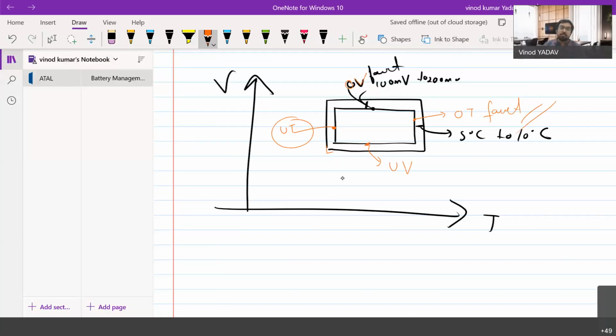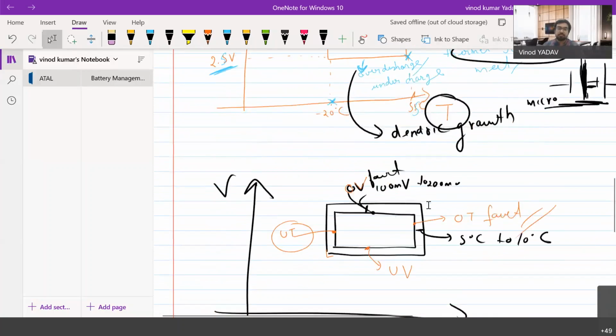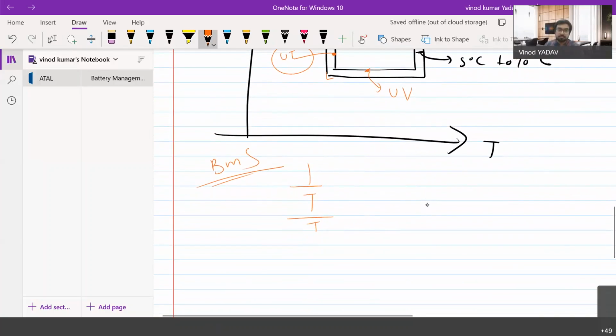All right. The main purpose of this BMS is not to monitor only the overall cell pack, but the individual cells also. I will take the example again: suppose we have a lithium ion battery pack. Let's say this is 3.65 volt, this is 3.67 volt, this is 3.81 volt.